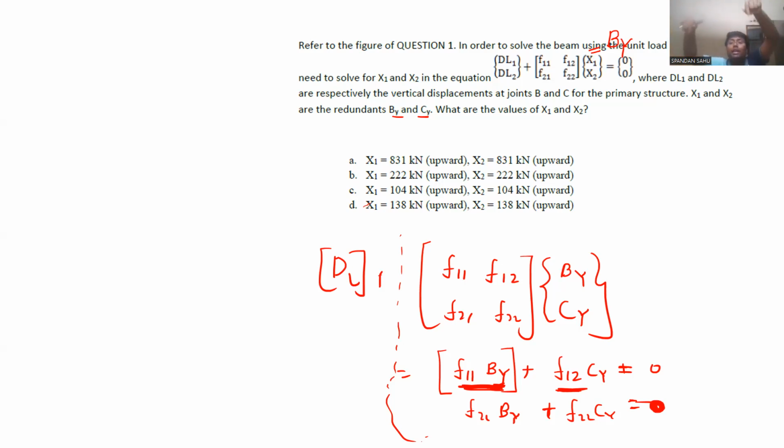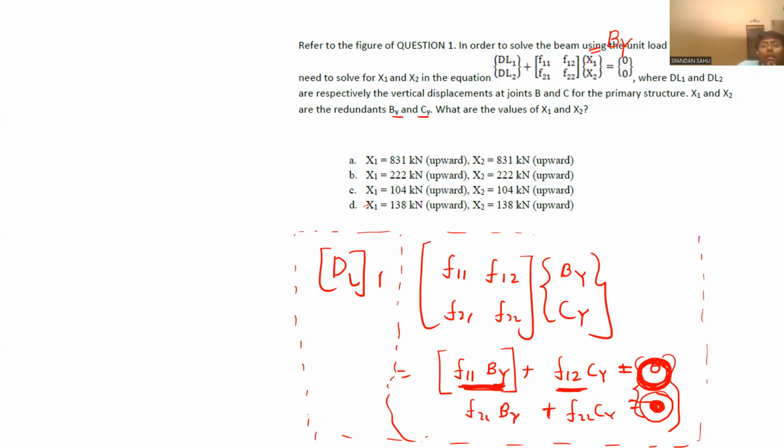When you combine the total, what will be the resultant displacement? It would be 0. So the system has been framed like this, and from this system you can get everything.